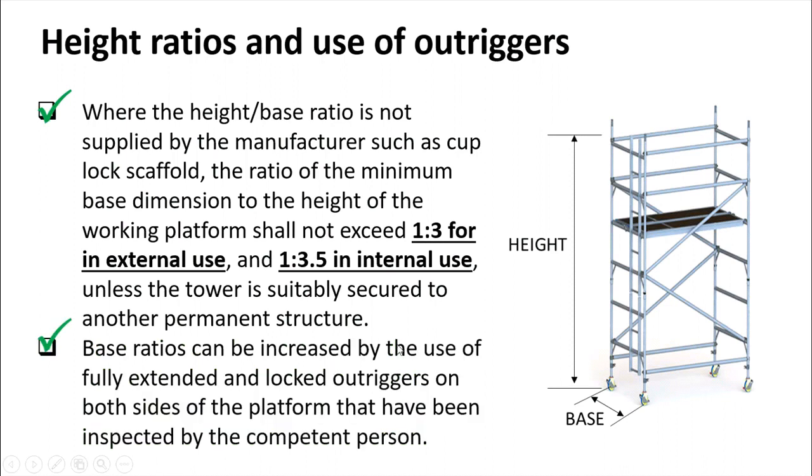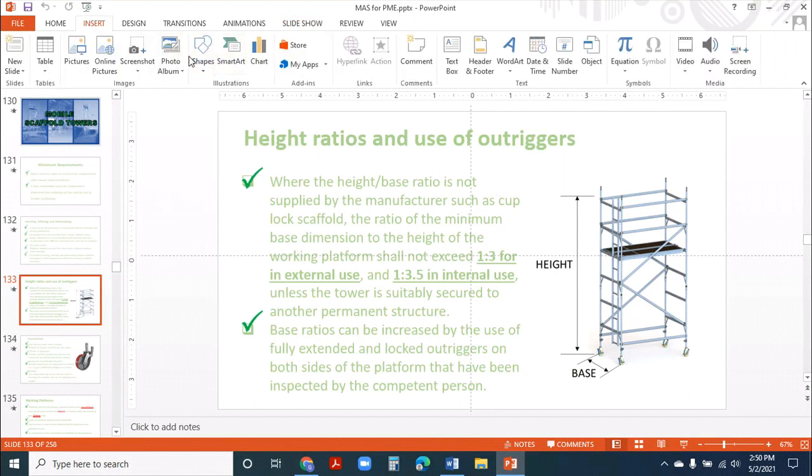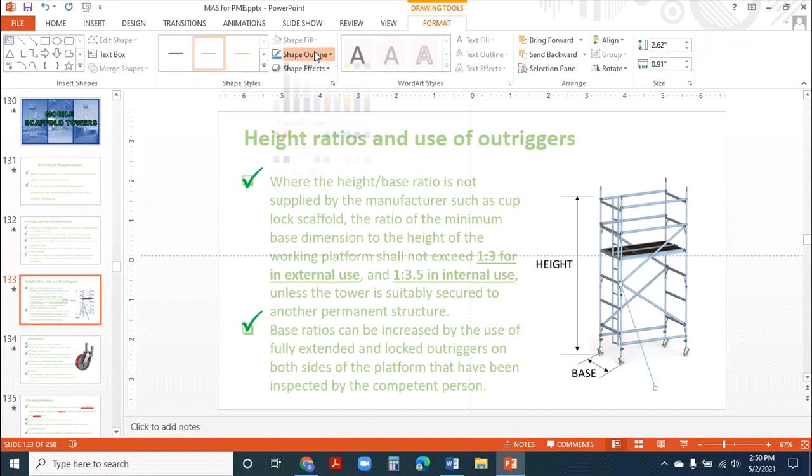The base ratio can be increased by the use of fully extended and locked outriggers on both sides of the platform that have been inspected by a competent person. Like for example, on this base, you want to insert the outrigger.